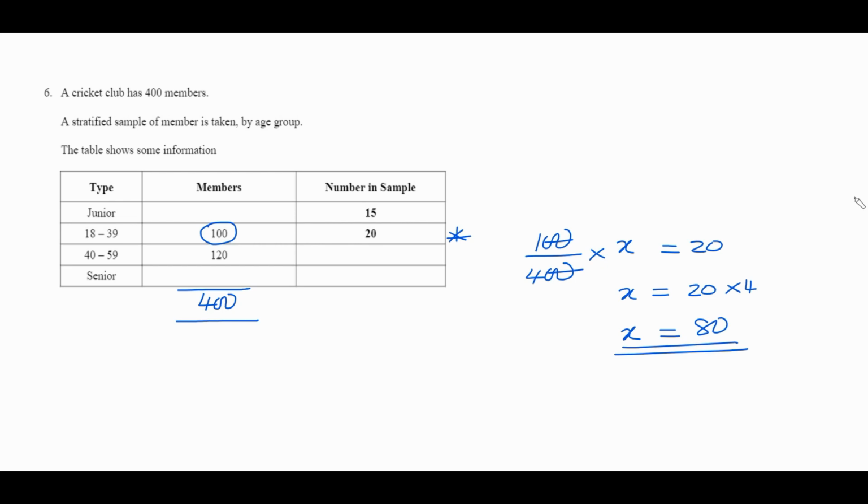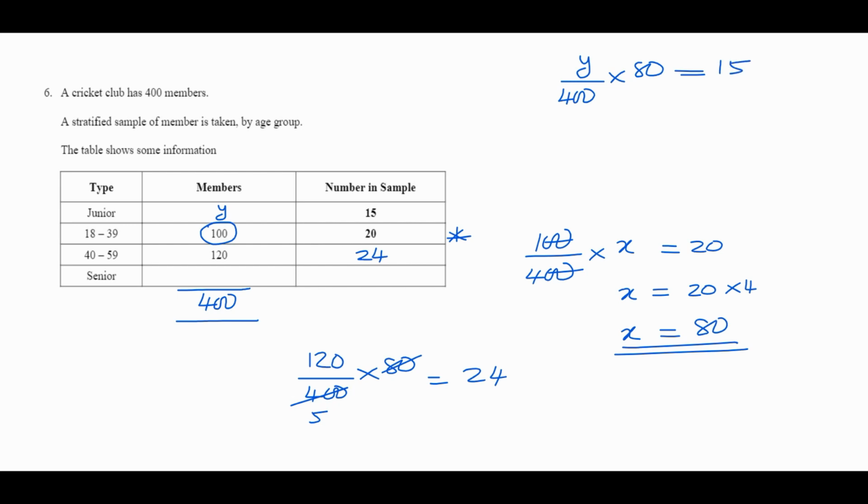So how can we do this one? It is 120 over 400 times 80. 80 goes into 400 five times, and 5 times 120 is... 24. So this is 24. And now what we know is this, let's say this is Y. So Y over 400 times the sample size we got, 80, equals 15.